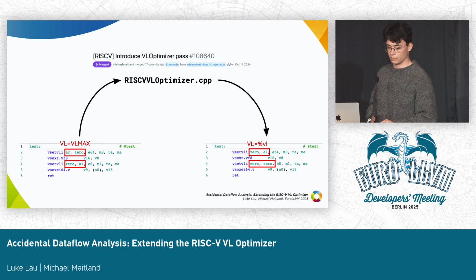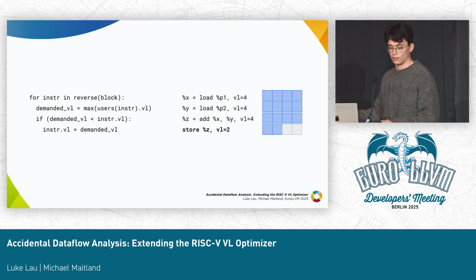So he upstreamed this patch, the RISC-V VL optimizer, which is the title of this talk. And what it does is, like the loop vectorizer emitting VP intrinsics, it also reduces the VL of instructions, but specifically, it does it in the RISC-V backend. And I think it's quite elegant the way it works. It's basically just a loop from the bottom of a basic block all the way up, kind of in a reverse post-order fashion.